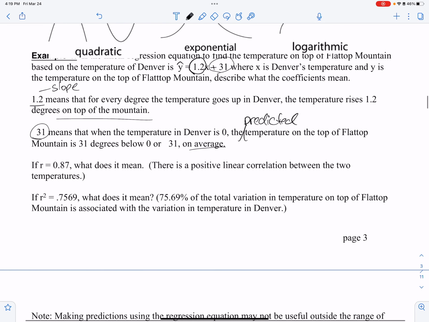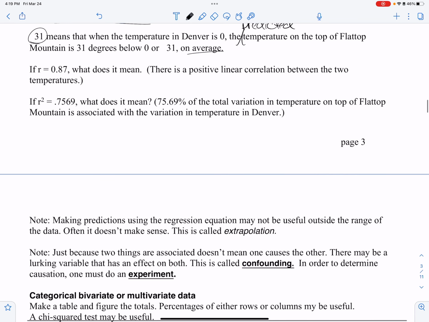R is equal to 0.87. That's my correlation coefficient. And the correlation coefficient says there's a positive linear correlation between the two temperatures. You describe that with form, which is always linear if it's a correlation coefficient.